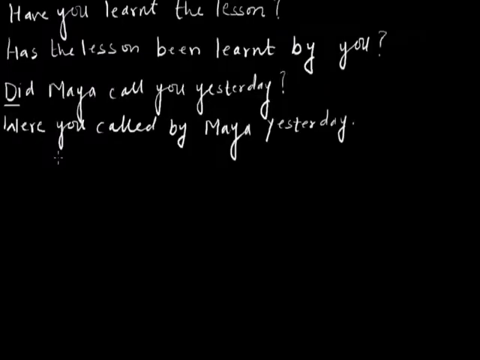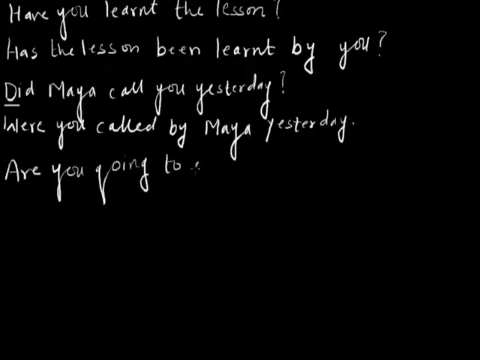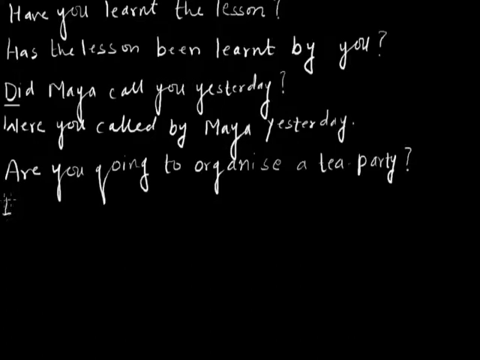Okay, one more example. Are you going to organize a tea party? In this sentence, the sentence begins with the helping verb are. Okay, so the passive voice of this sentence will definitely begin with the helping verb. Okay, so a tea party is the object here in this sentence, so it will be started with the helping verb is.